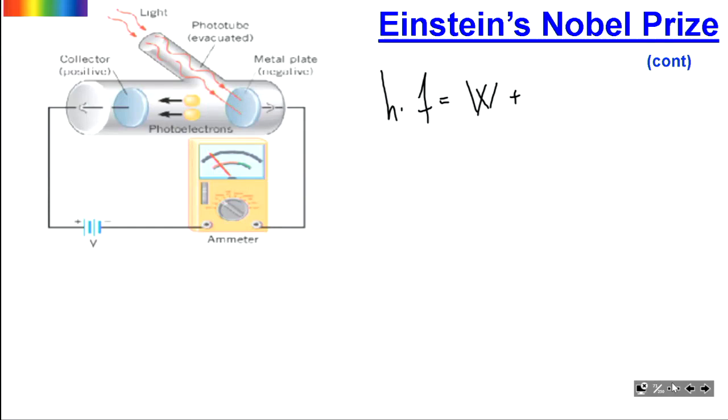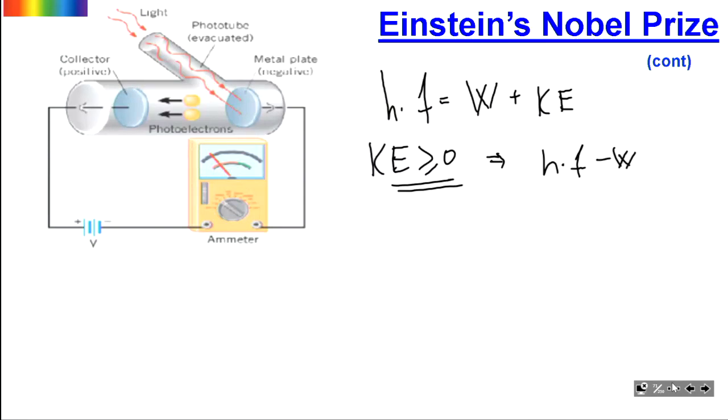Well, actually, just as we know, kinetic energy cannot be negative, well, in general. Hence, this difference cannot be negative, which means this experiment shows electrons ejected only if the frequency of light is greater than or equal to this ratio. Only.